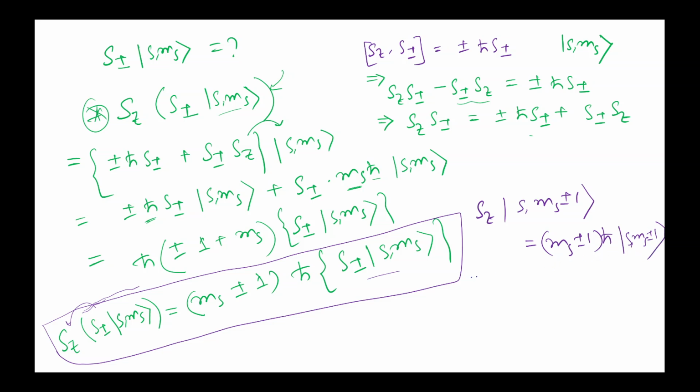From this expression and this expression, it must be clear that when S plus minus operates on |s, ms>, it is proportional to |s, ms plus minus 1>.